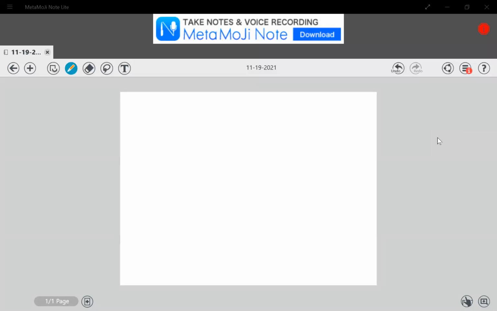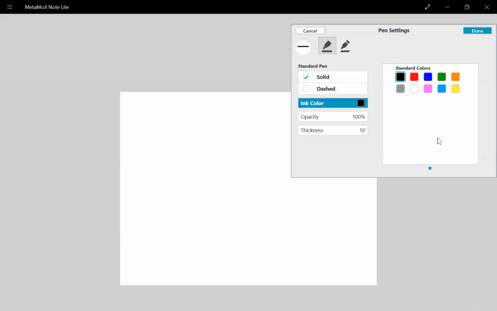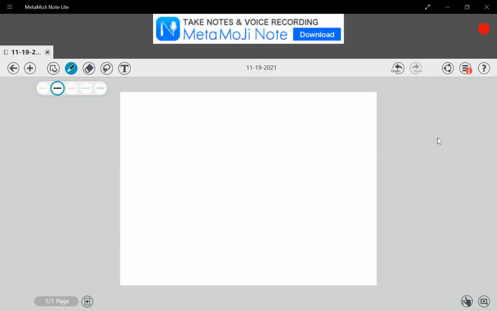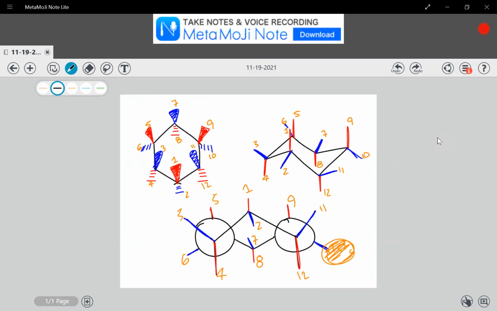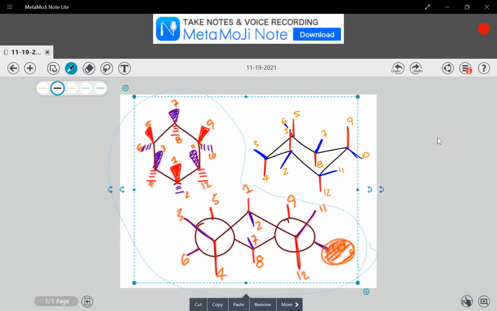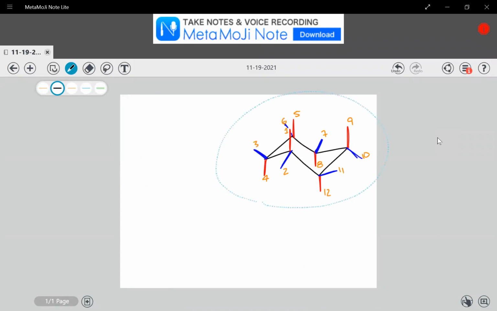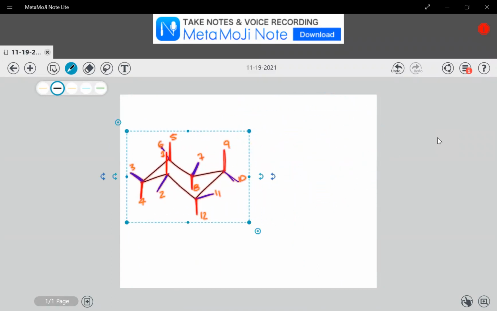All right, so how do we draw these ring flips? Well, what we do first is obviously draw our ring itself. And let me just do a quick undo here. We're just going to use this one here because it's already numbered.